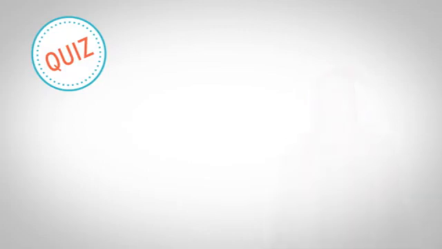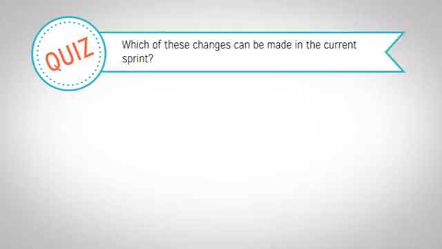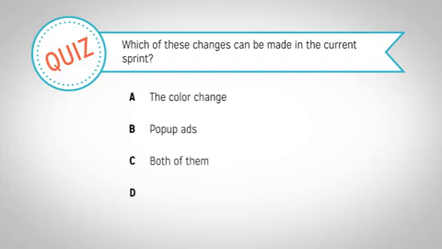They want the main colors of the application to be blue and white instead of red and black. This is a quick fix for the development team. The client also requests that they want the application to now support ads that pop up on the screen. Which of these changes can be made in the current sprint? A, the color change, B, pop-up ads, C, both of them, or D, neither of them.